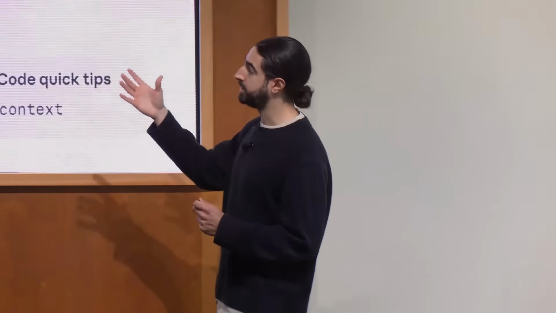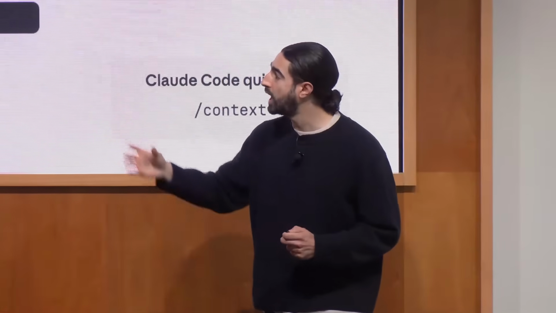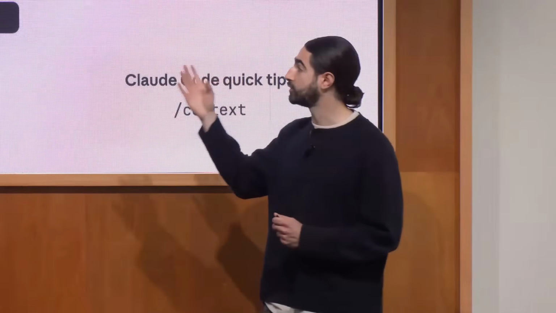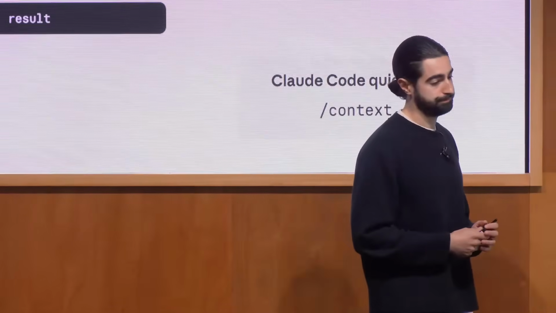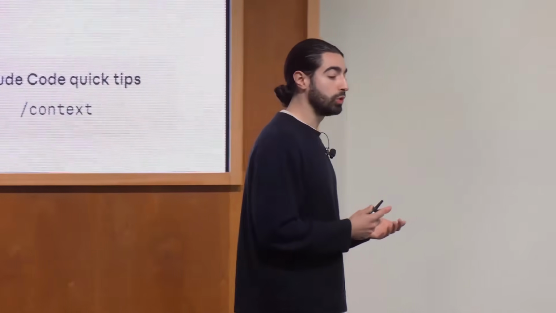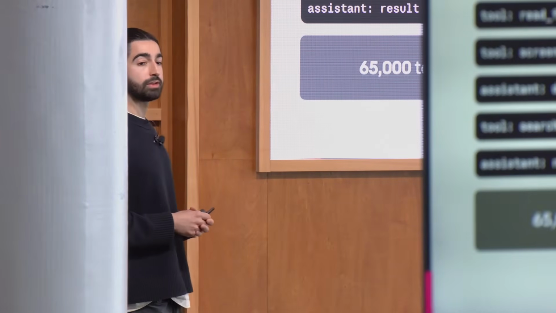So you can imagine you have a transcript here where the model read a huge file, it also had to get a screenshot, then it made some decision based on that, and then it had a search that dumped a ton of text. By clearing those results and just keeping the core task, the decision that was made based on those tool results, and the results that the agent analyzed itself, you can save on tokens in real time.